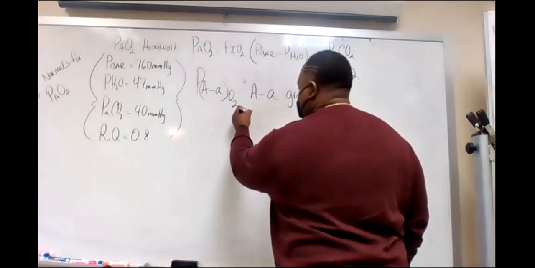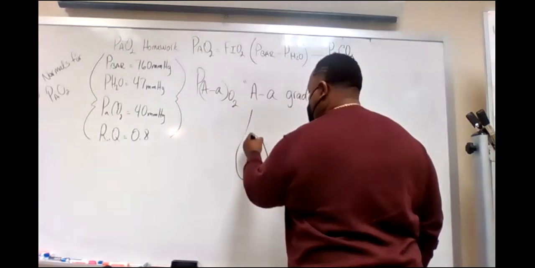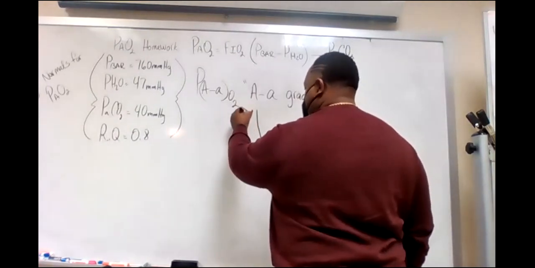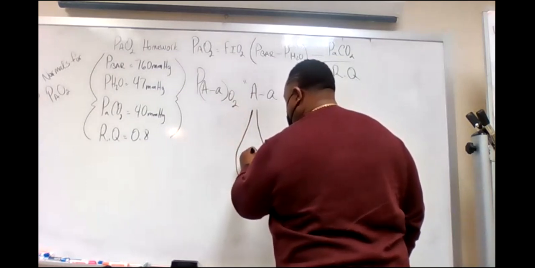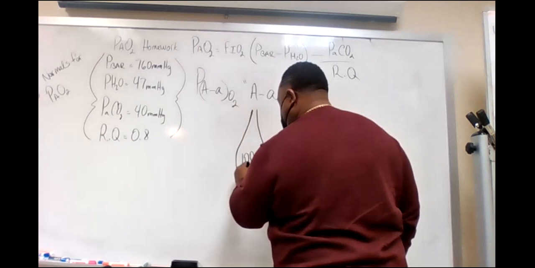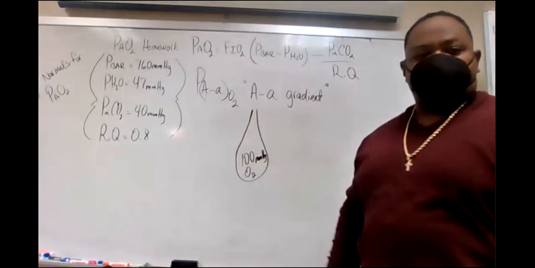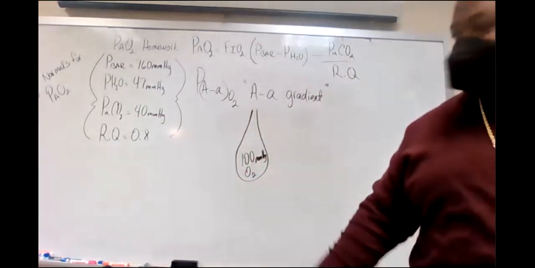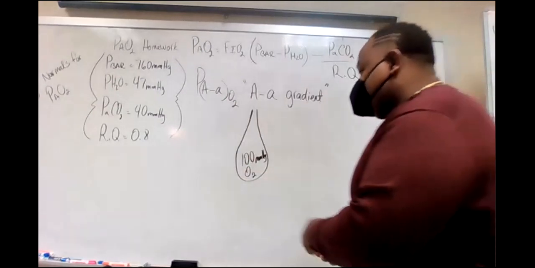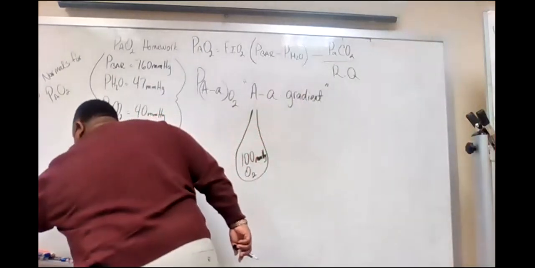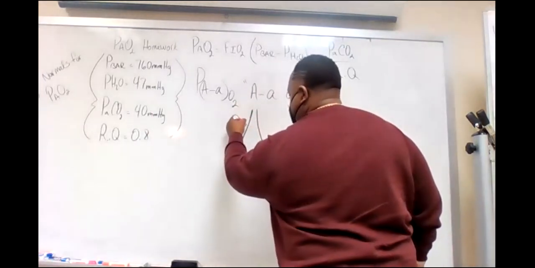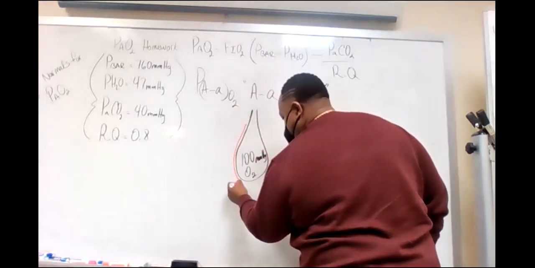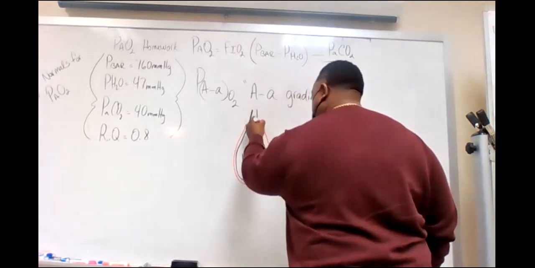When this alveoli, right? When this alveoli has, let's say, 100 millimeters of mercury of O2, right? That's what it should be about. The pressure should be about 100 millimeters of mercury. Well, if that's the case, but this arterial blood that's around it, right?